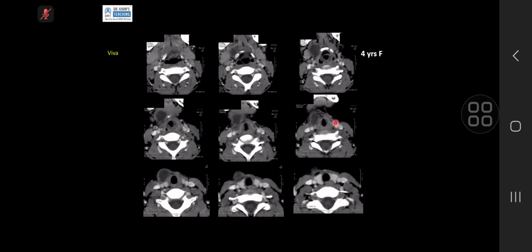The key point is that it will always be sitting on the strap muscles. So these are the strap muscles, and it will be sitting on them. It is going all the way down, and then comes the thyroid gland proper. When it enhances on CT, and clinically also, this was infected. So this is an infected thyroglossal duct cyst.